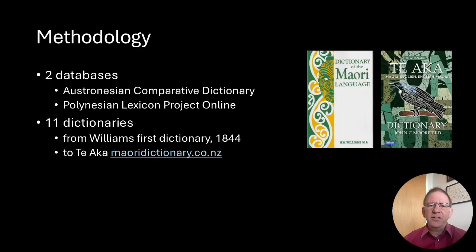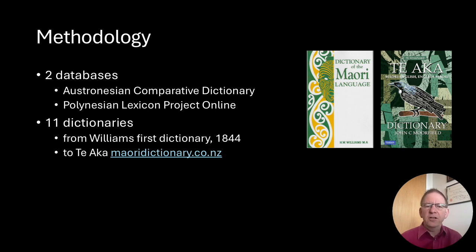In our investigation, we used two online databases, the Austronesian Comparative Dictionary and the Polynesian Lexicon Project Online, to trace colour terminology reconstructible to Proto-Eastern Polynesian, which is the immediate ancestor of Te Reo Māori. We then examined 11 dictionaries published during different stages of the language's development, from the earliest by Williams in 1844 to the most recent, the Te Aka Online Dictionary.